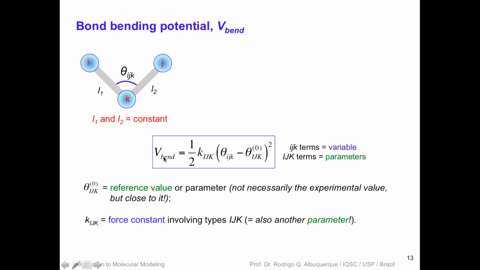You can calculate the bond bending potential as a harmonic approximation. We can use harmonic approximation here. So there's a parabola, and the capitalized ijk terms are parameters.